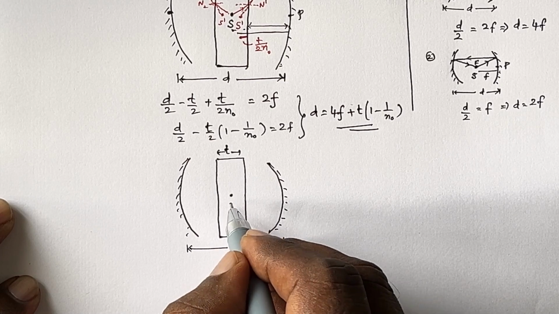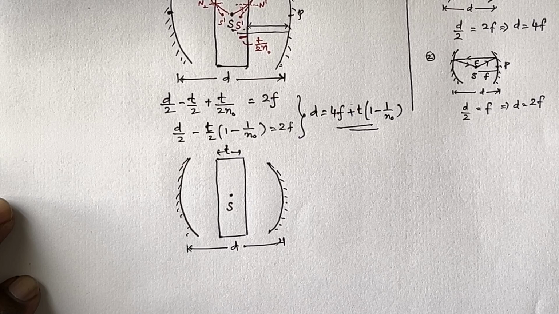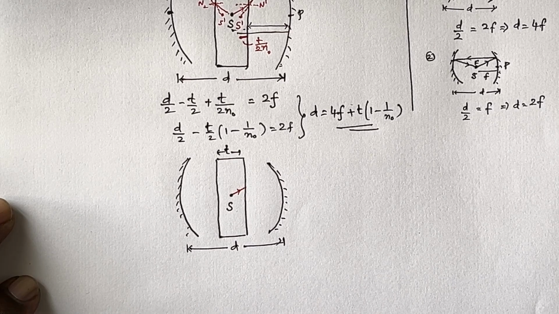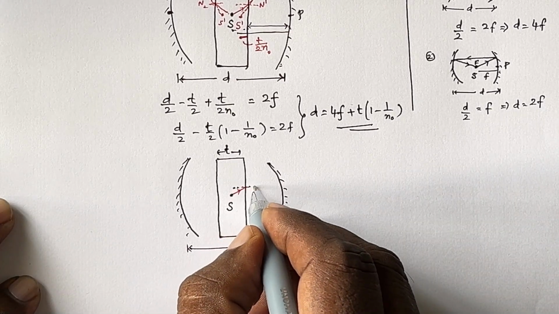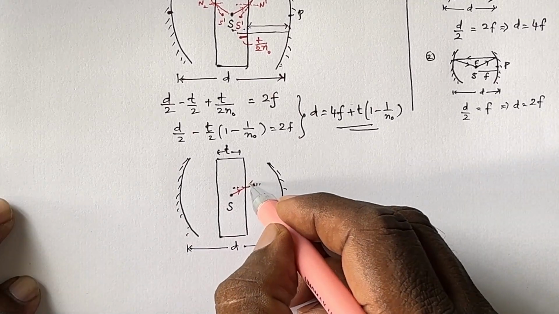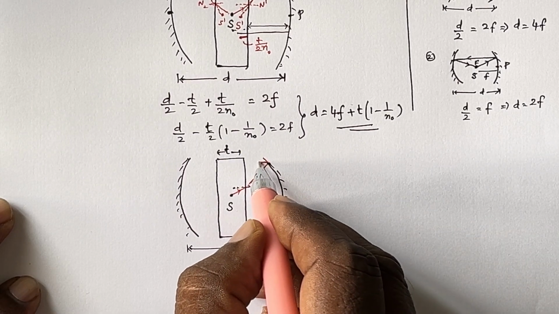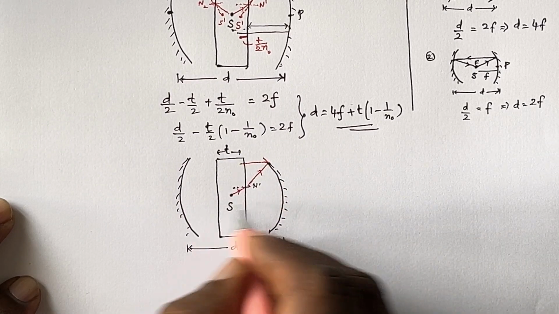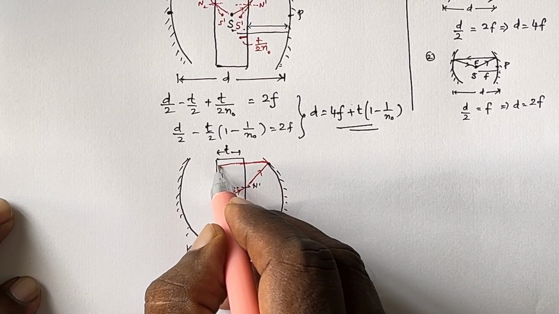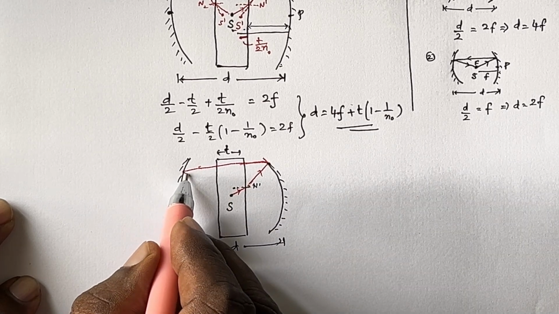Exactly at the middle, S is there. Now same thing, light starts from this one. When it is falling here, this is the normal. So it will refract away from the normal. It goes straight, parallel to the principal axis. So that is normal incidence, no deviation in the slab. It falls here and once again comes here. This is the normal.